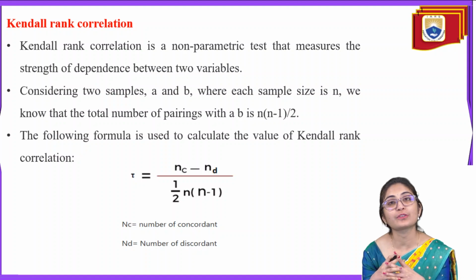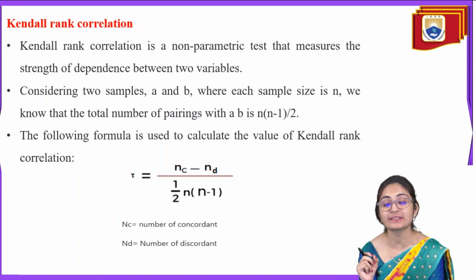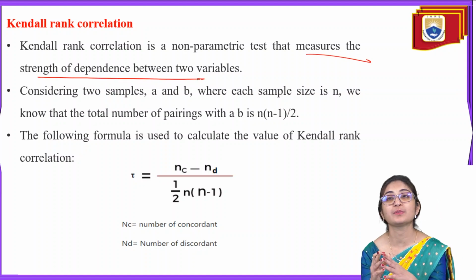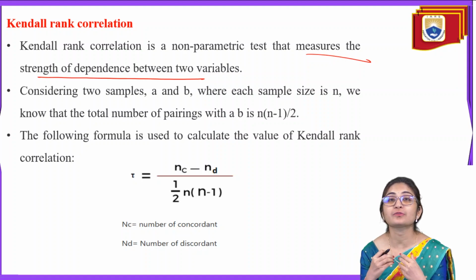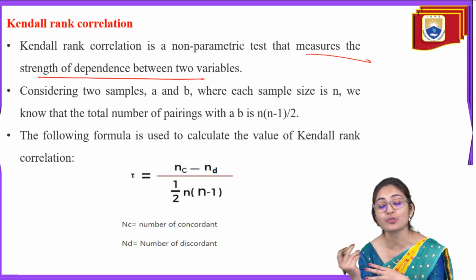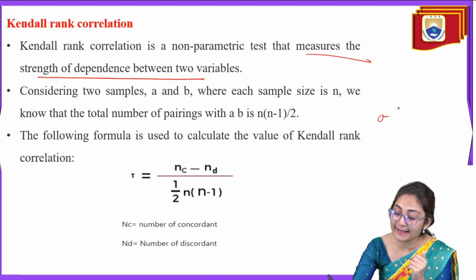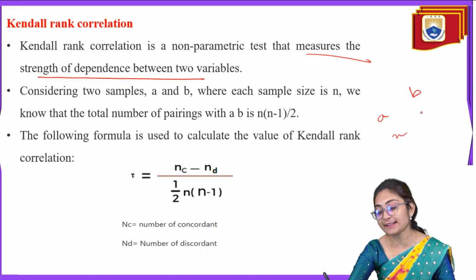Now Kendall rank correlation. The Kendall rank correlation is a non-parametric test that measures the strength of dependence between two variables. Here we have to check how much the data is dependent on the variables. Consider we have two samples, sample A and sample B, where each sample size is n.